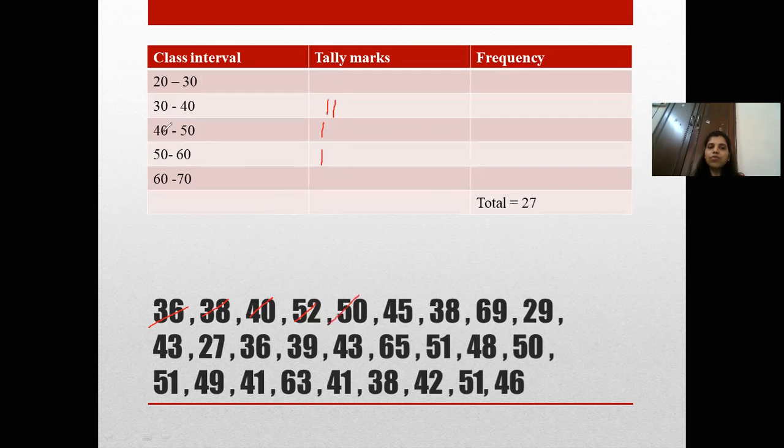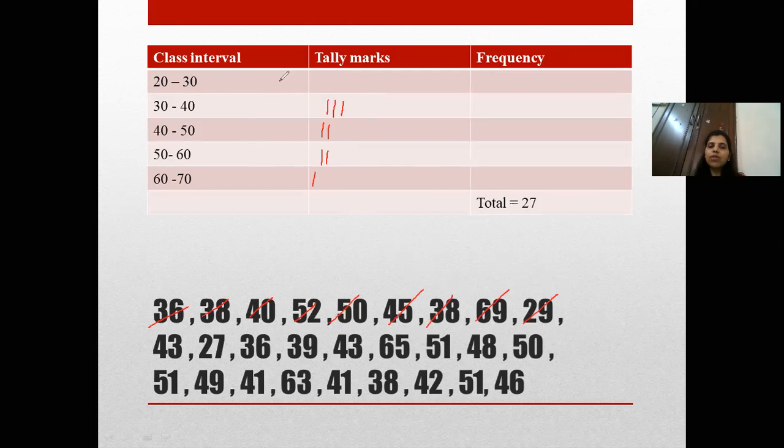50. Now 50, you can see, is in the upper limit and the lower limit. Where it is in the lower limit, where it is starting the class interval, there you will be placing that. 45 over here. 38, so put over here. 69, so here. 29.